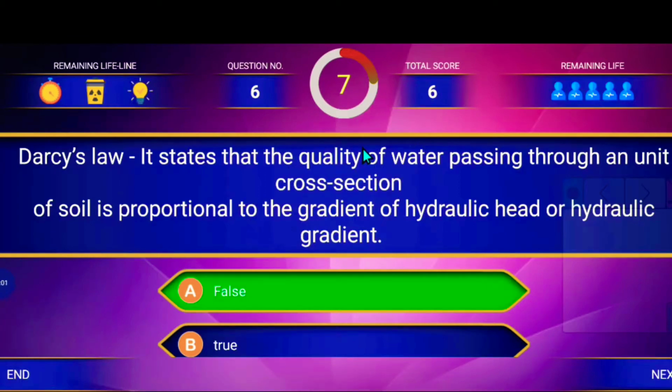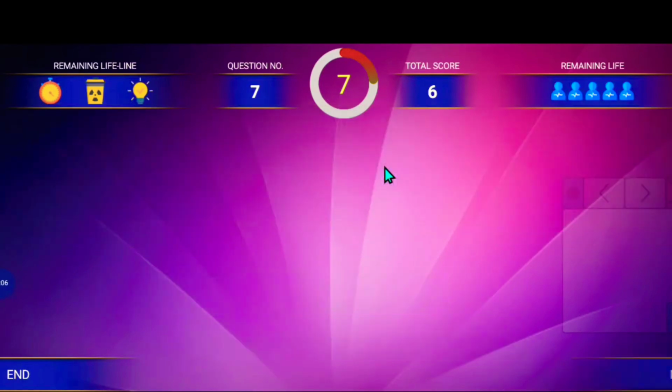One word is wrong here. It is quantity, not quality. Next question.